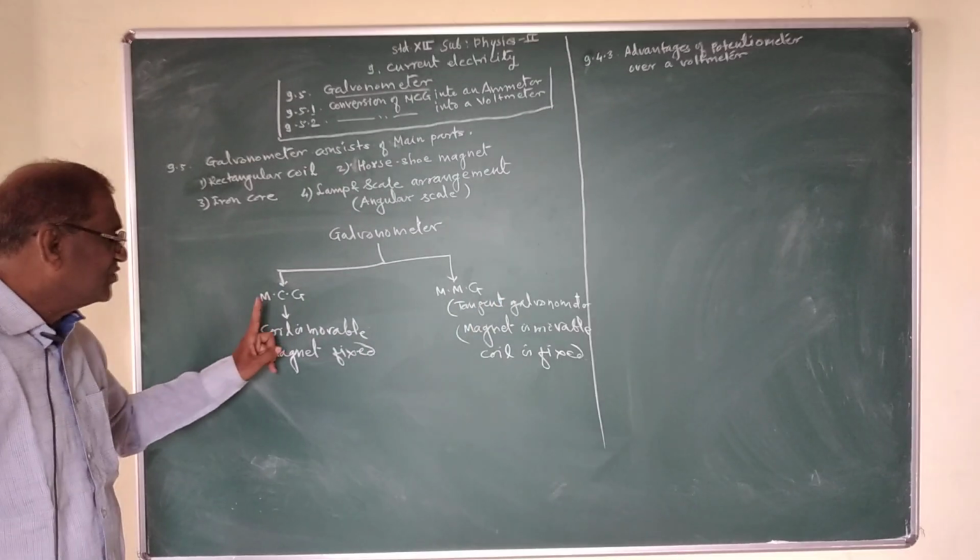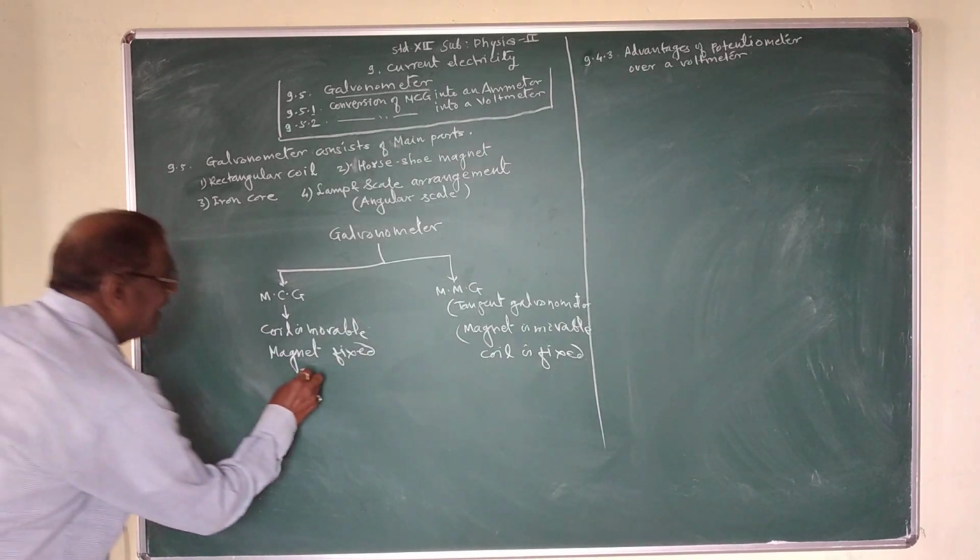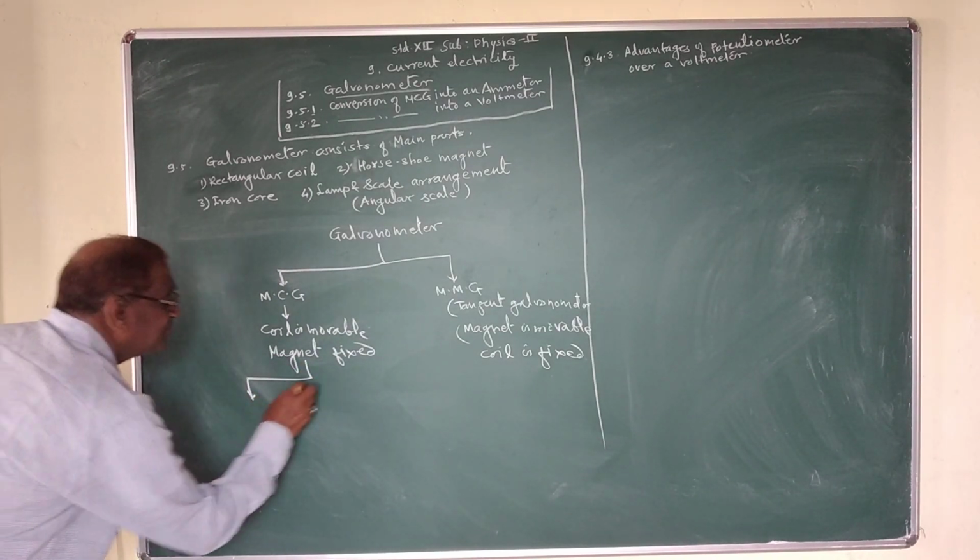Now in your course, moving coil galvanometer is given. Again, moving coil galvanometers are of two types.